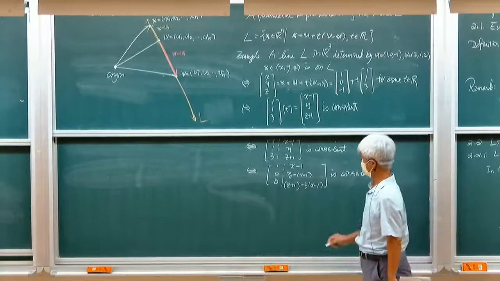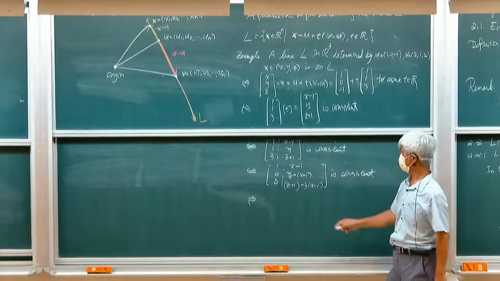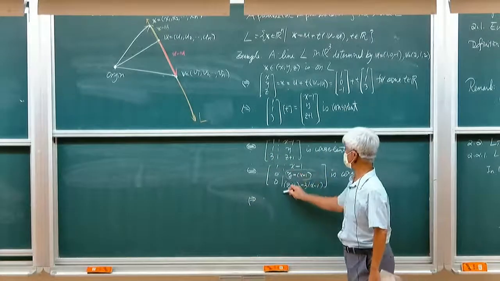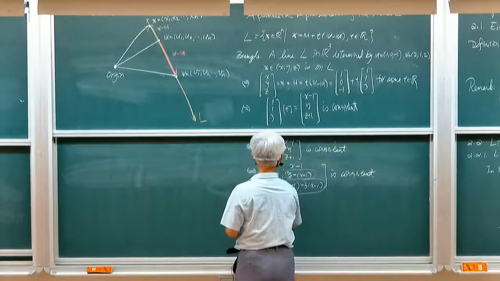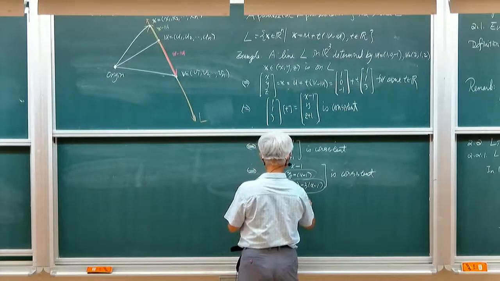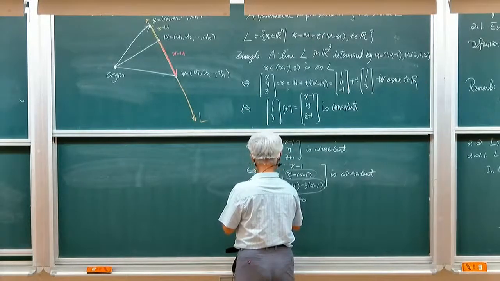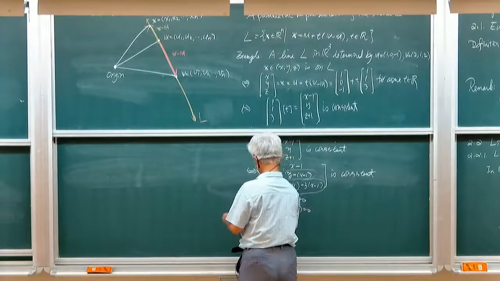Okay, so the if and only if condition is that these two entries must be 0. So we have y minus x minus 1 equal to 0, and z plus 1 minus 3x minus 1 is 0.